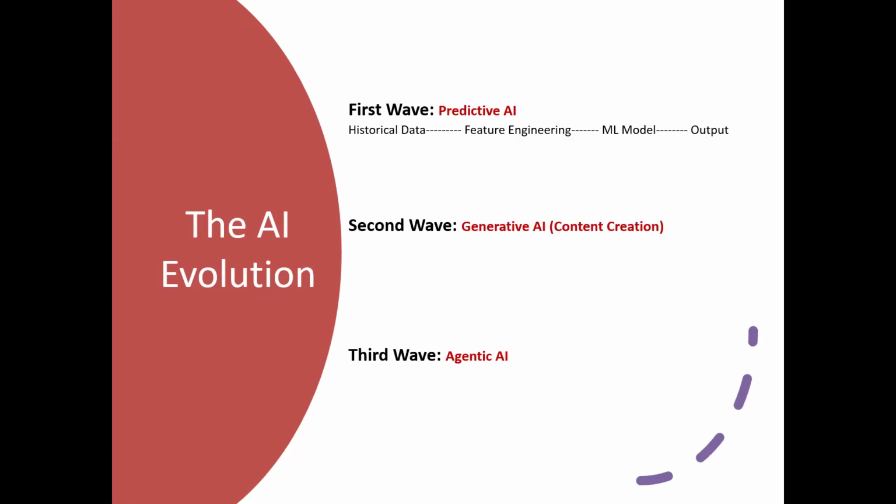Let's understand the first wave of artificial intelligence, which was predictive analysis and forecasting. That means it analyzes existing data and then forecasts future events.